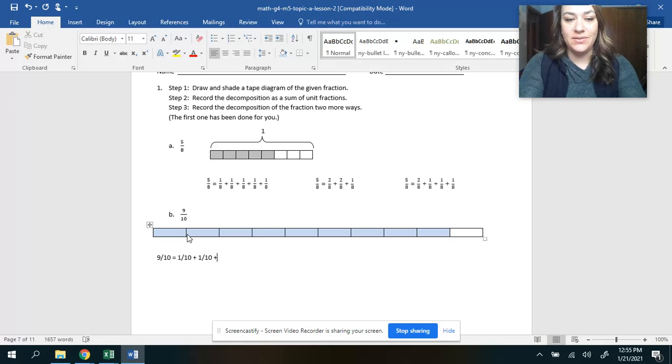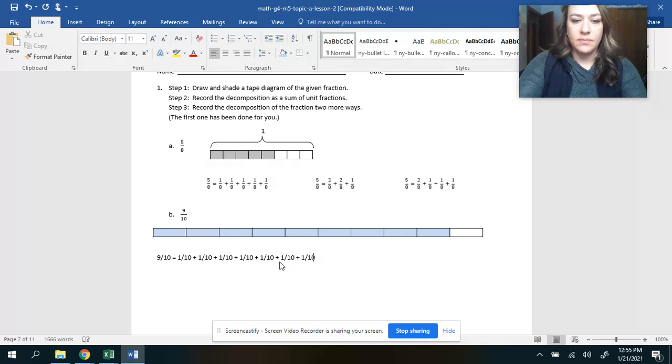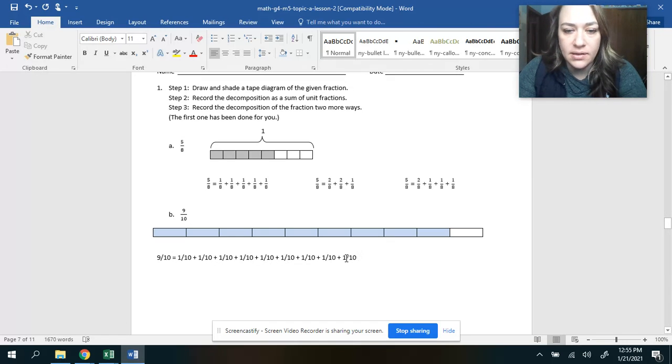So we need to show each of those. 1/10, 1/10, 1/10. Let's see, we've got 1, 2, 3, 4, 5, 6, 7, 8, 9. 1, 2, 3, 4, 5, 6, 7, 8, 9.